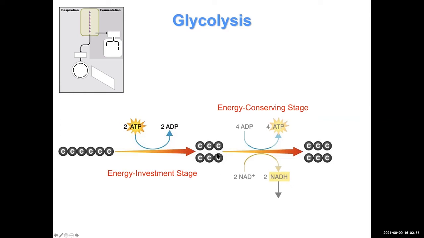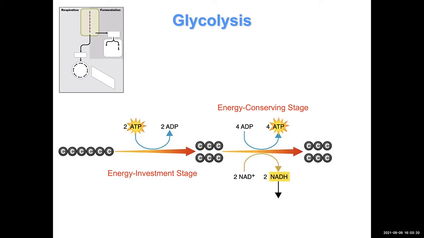The second stage of glycolysis is the energy conserving stage. And in the energy conserving stage, guess what? We're actually generating ATP, which is energy rich. But you know what else is energy rich? This reduced coenzyme called NADH.